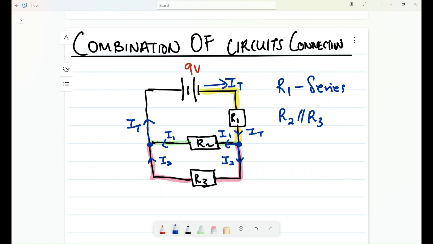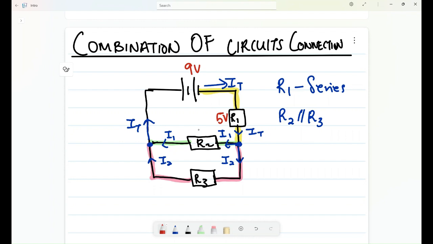Now, what about the voltage? Remember you said in series there is a voltage drop, so it means there might be a voltage drop here, right? Because it is in series, it should consume something so that it can glow. But there is a remainder of the voltage there, which is 4 volts. This 4 volts, what will happen?